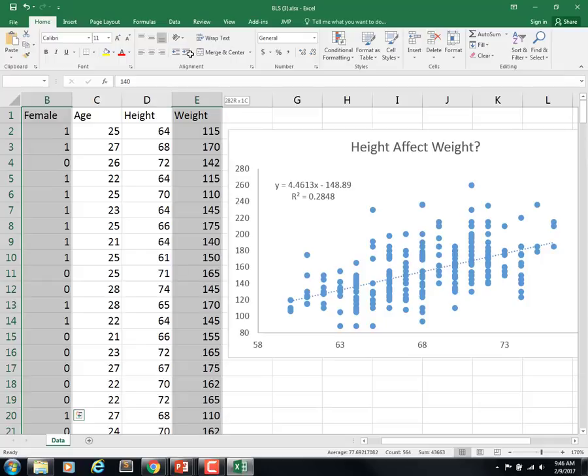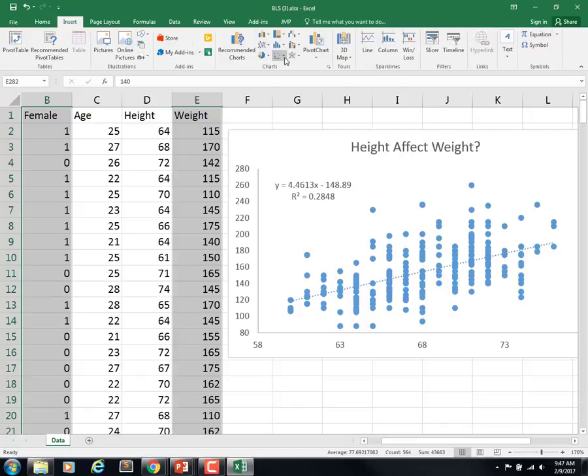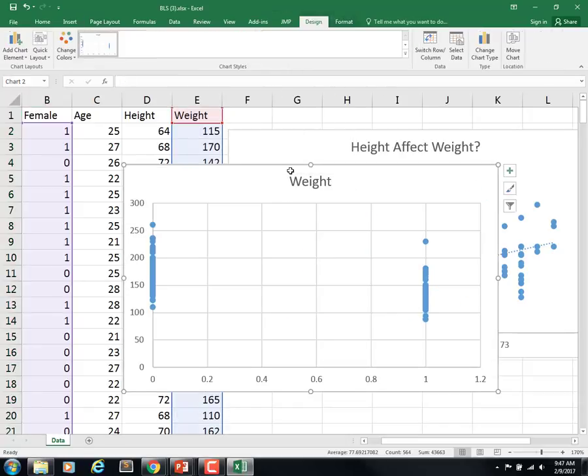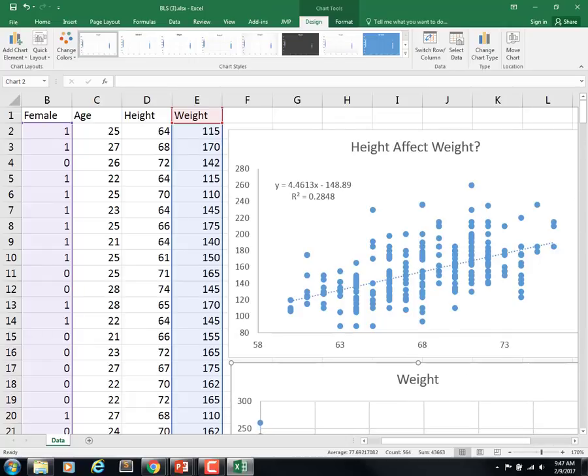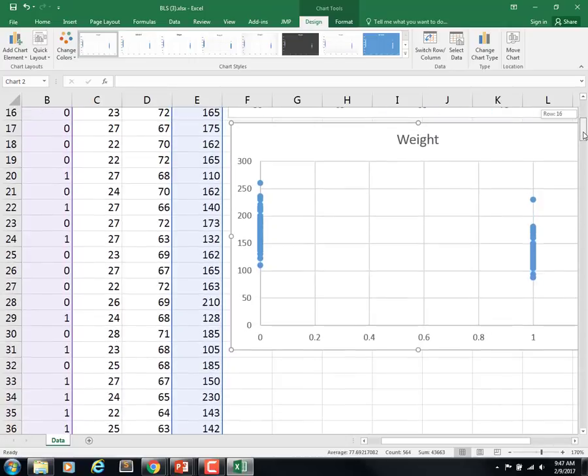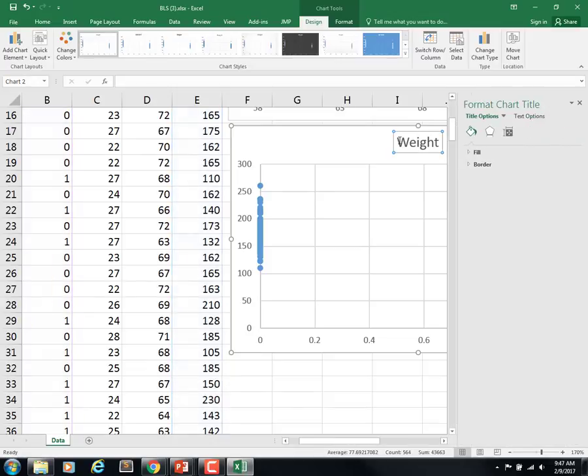This should work because female is off on the left and weight's on the right. So let's insert a scatter chart, and let's bring it down here. Female effect, weight.